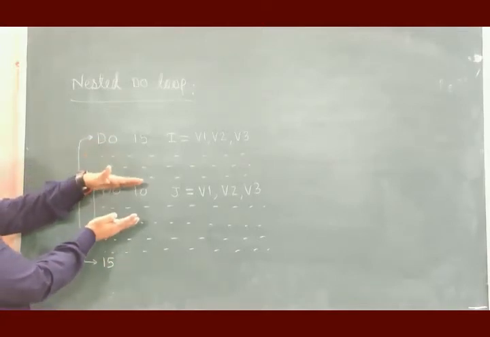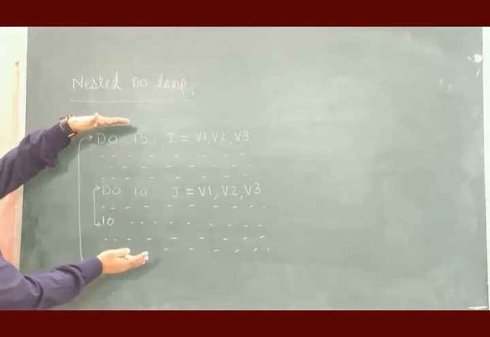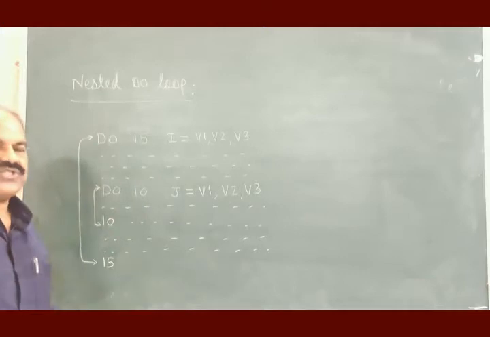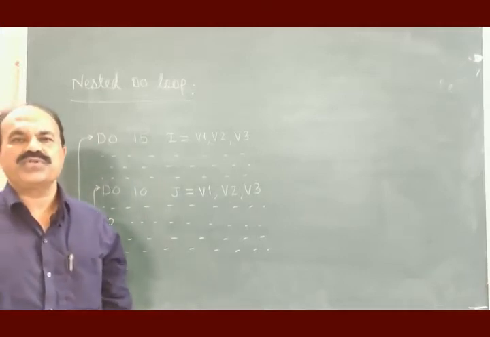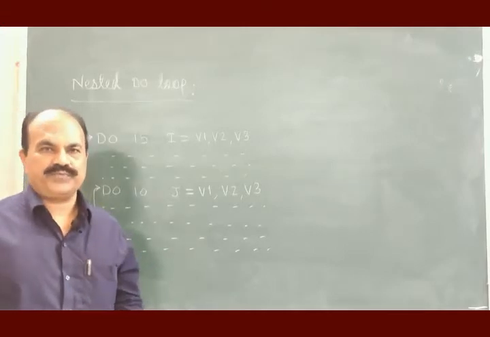When one do loop is enclosed inside other do loop, such structure of do loops is known as nested do loop.